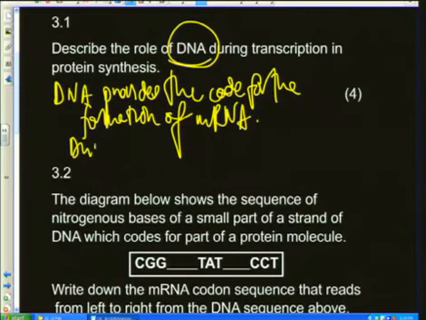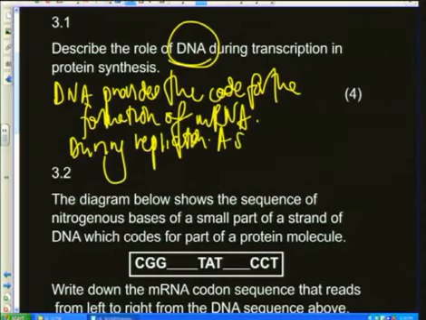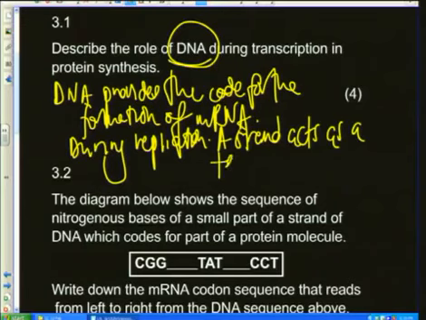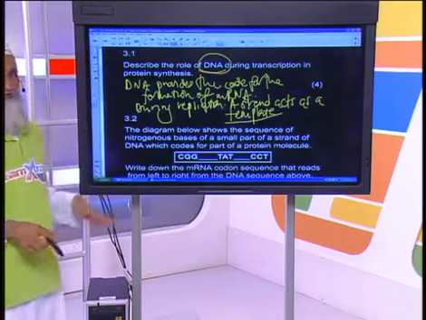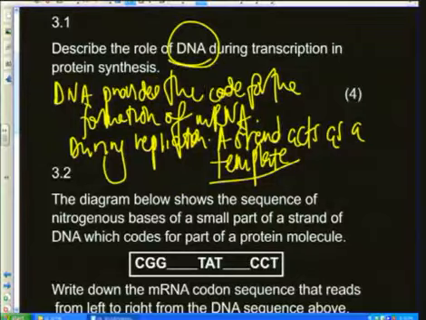During replication, a strand acts as a template. What's a template? It provides the mold for another strand to form, and that's how it works. Notice the important words: the code, template, and during replication this is happening.